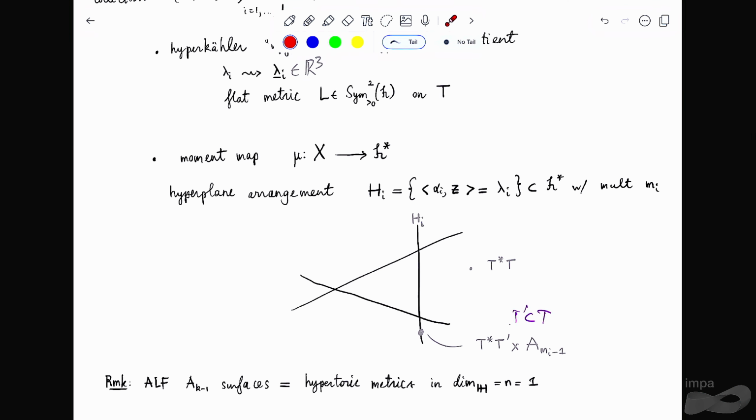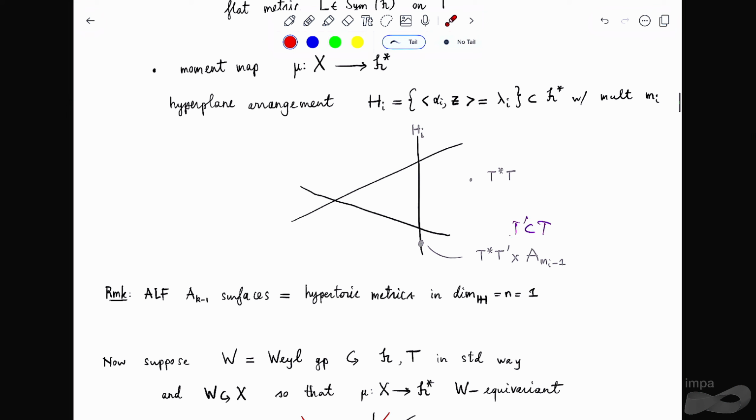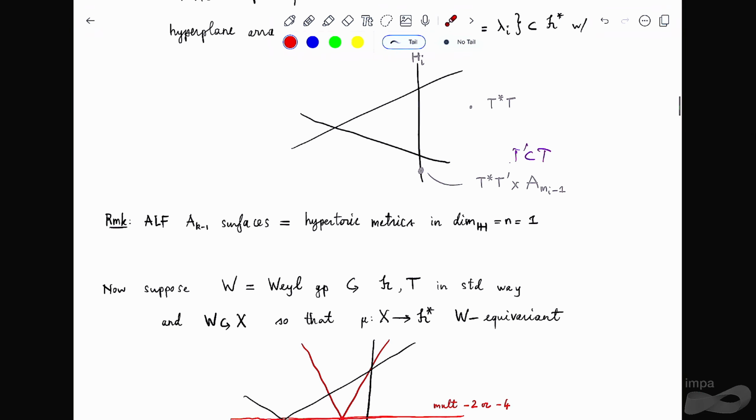Okay, and then pursuing Sen's idea, we can imagine doing the following. Suppose that this torus T has an action of a Weil group W, a finite reflection group.